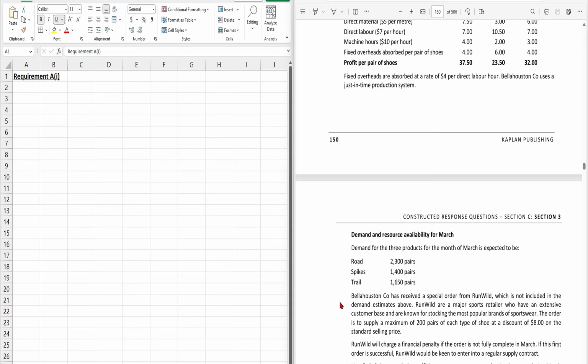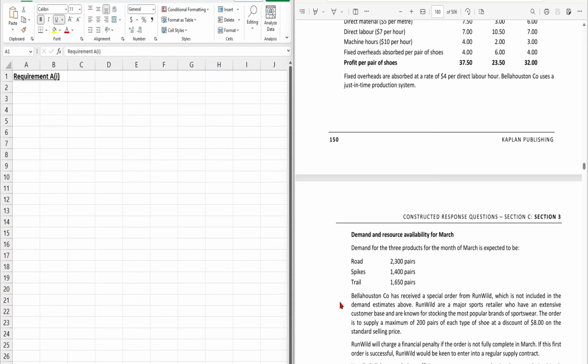Runwild is very famous and has an extensive customer base, and is known for stocking the most popular brands as well. Once the order is successful, they will be keen on a regular supply contract. But if not, they will charge the penalty as well.